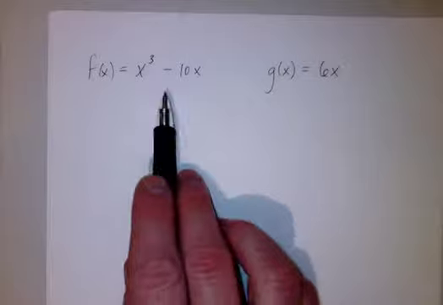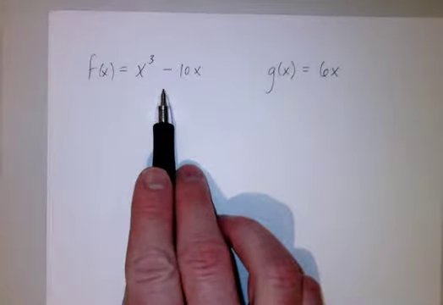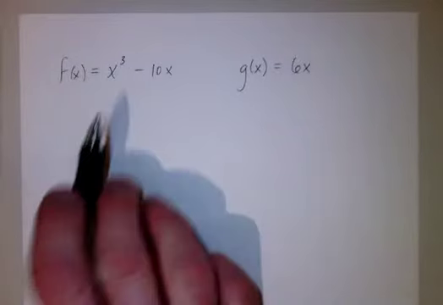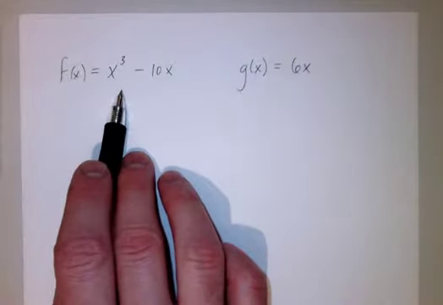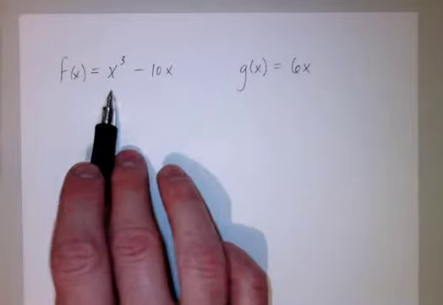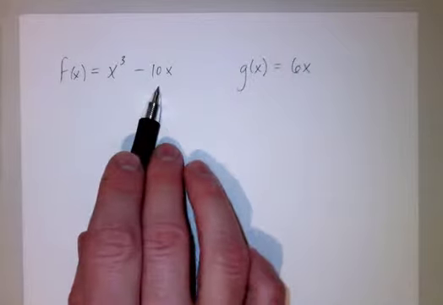Well, look at these. What do you notice about that function? Okay? And I know that you love it when I ask that question. What do you notice about that function? I notice that it's a binomial. I notice that it's cubic. But more than that, I notice that both terms are odd degree.